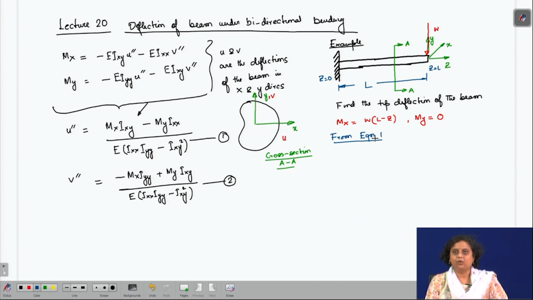For a tip load in the y direction, the moment in x direction will be W into L minus Z and the moment in y direction is going to be 0. Now, if we use equation 1 for this problem, then we get u double dash equal to Mx Ixy minus My Ixx by E Ixx.